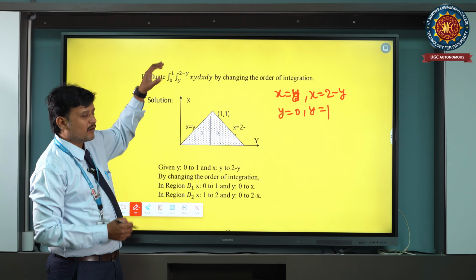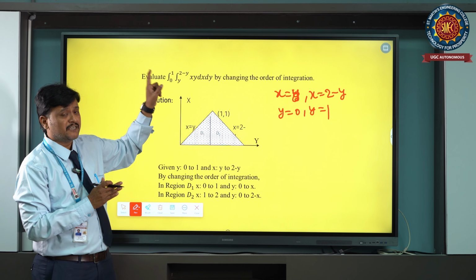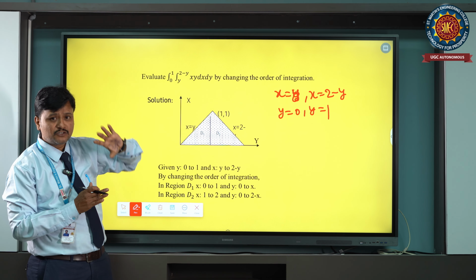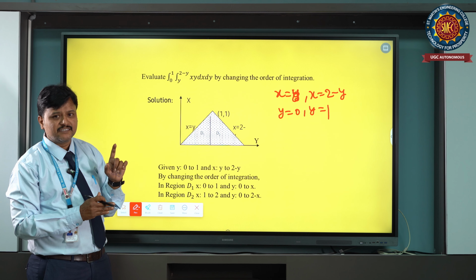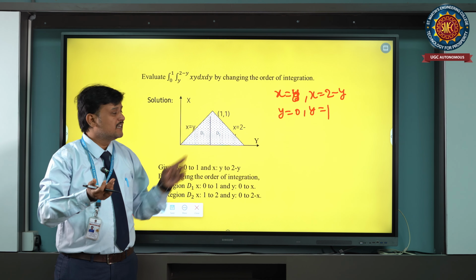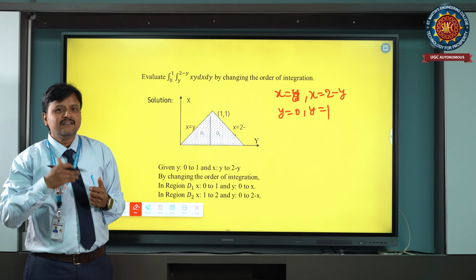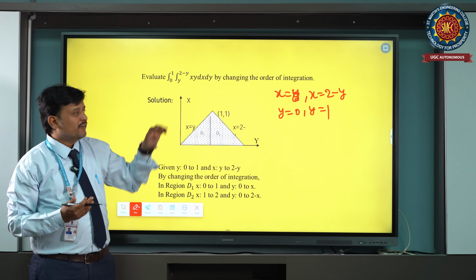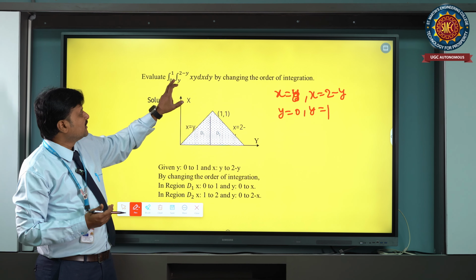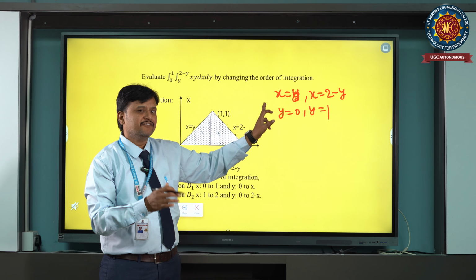So first we have to integrate with respect to x. Why? Because the interior limits belong to x. Then first integration with respect to x, then the resulting expression with respect to y. Okay, so on changing the order, what do we have to do? We have to integrate first with respect to y, then the resulting expression with respect to x.